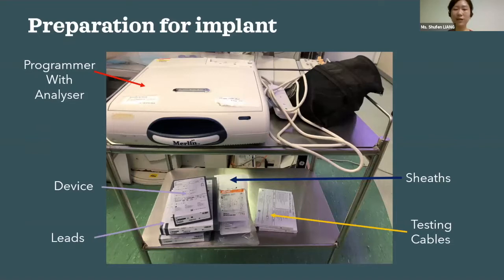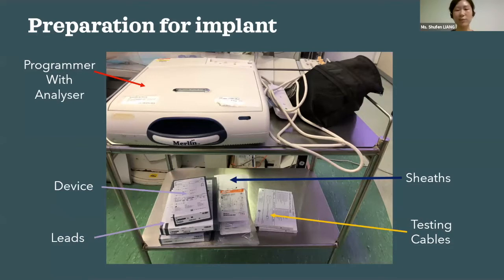Okay, so come to the very technical part of an implant. For me in our lab, usually before we start an implant, I will prep a trolley with the accessories that we need. So here we have the programmer with the analyzer, and we will take usually a few devices which we might need for the implant and leads. And usually I'll prepare a few lengths because you might not know how tall the patient might be, or if the heart is quite dilated, then maybe you will need a longer length for the leads.